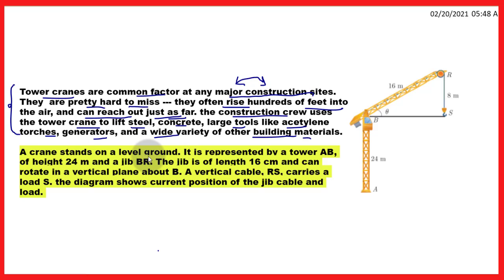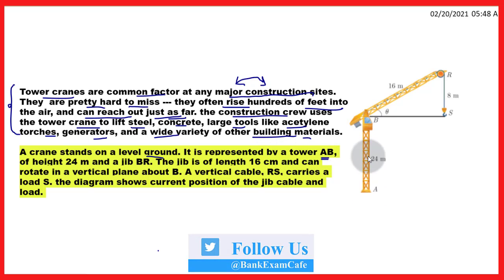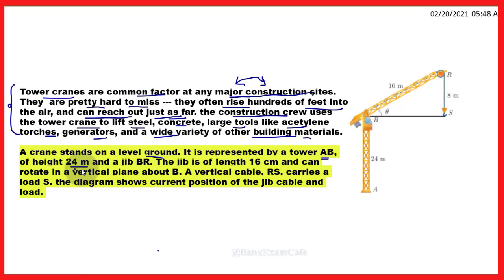A crane stands on level ground. It is represented by tower AB. AB is a tower of height 24 meter.